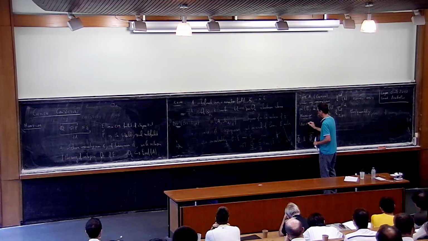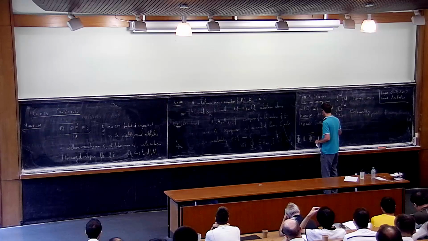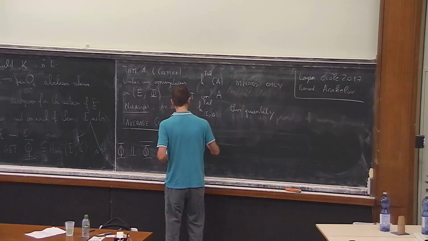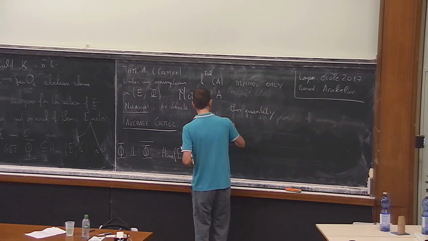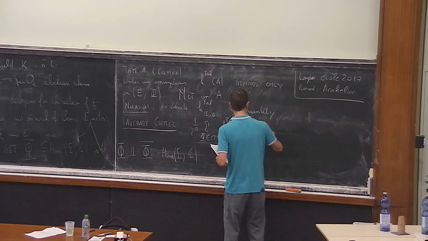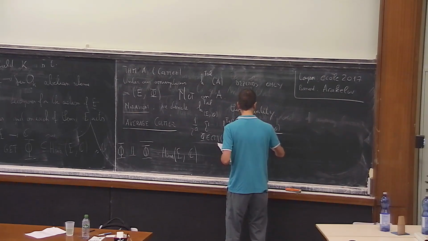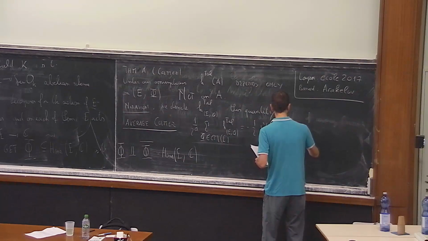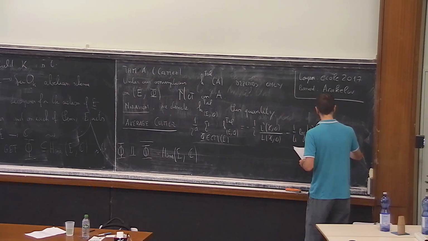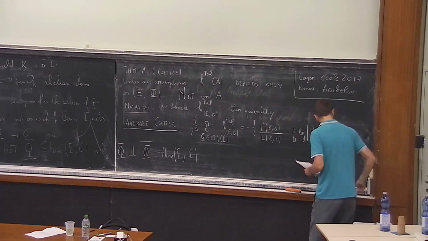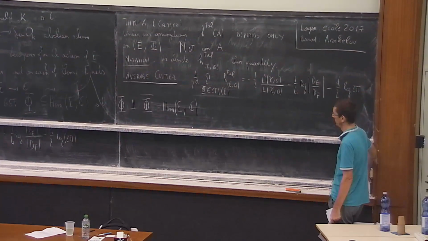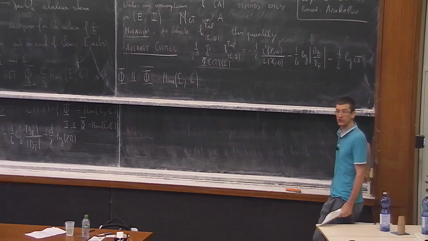So the average Colmez, so 1 over 2d, the sum over all CM types of the Faltings height of E phi should be equal to this quantity. And this is what Zimmermann used.